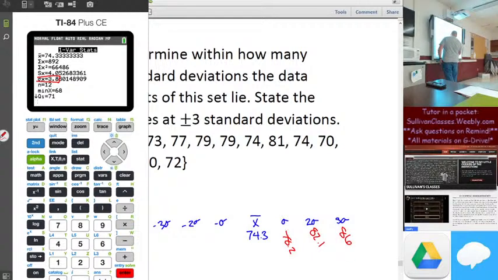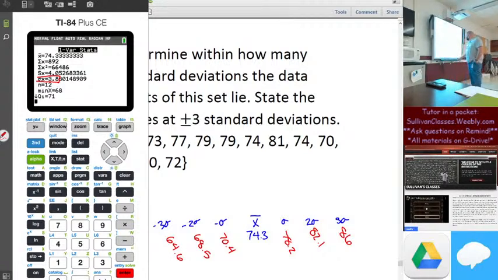Hopefully I'm not screwing these up now that no one's watching me. Minus 3.8 is 71, 70.4. Do it again, 67, another thing, 68.5, 65, 64.